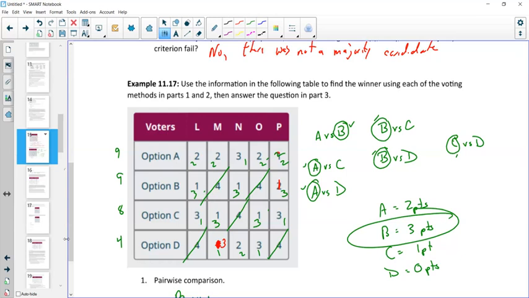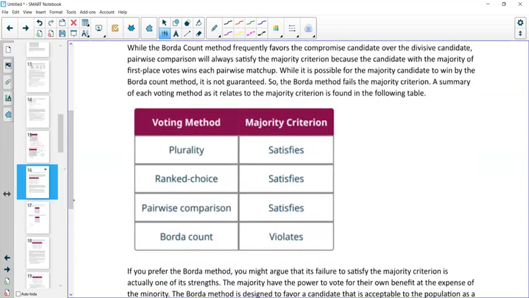So you can see B is more divisive. You either love them or you hate them. You want them to win or you want them to not win. And that's what they're talking about with a divisive candidate. Whereas option A is kind of middle of the road. They're not everybody's favorite, but they're not everybody's least favorite either.